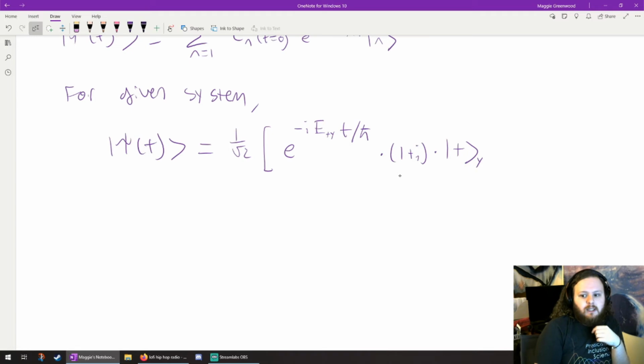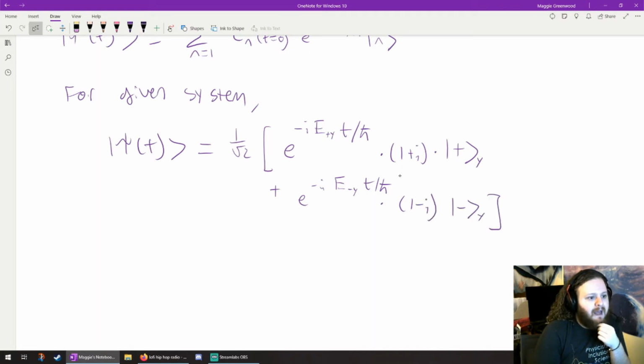And that's what the first component looks like. Now I have to add the second one, which is another e to the minus i E_minus y t over h bar, times 1 minus i, minus y. And that is my state at a later time t.